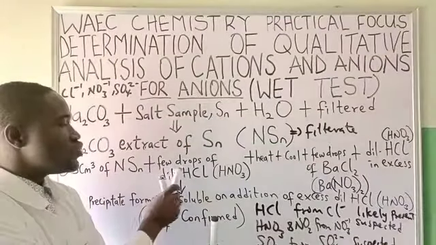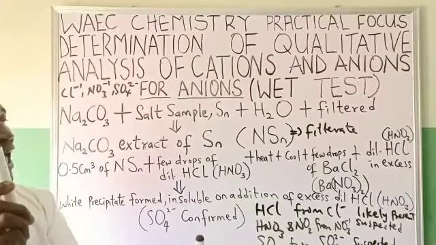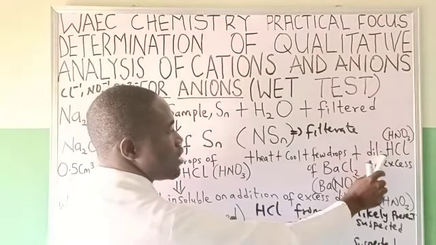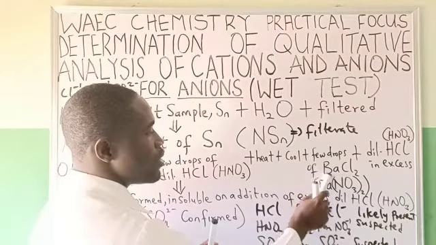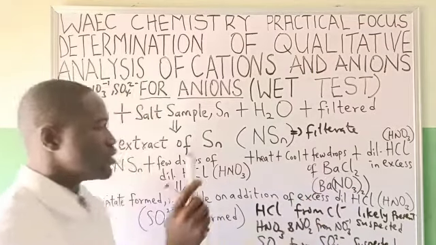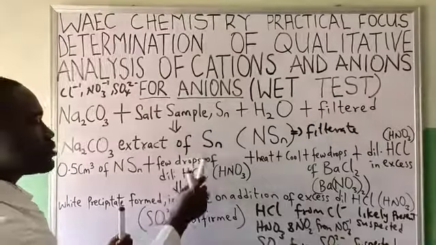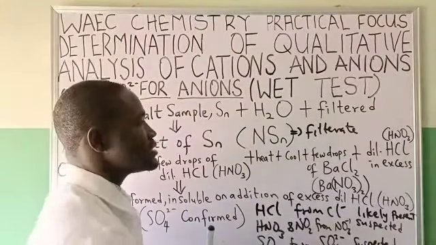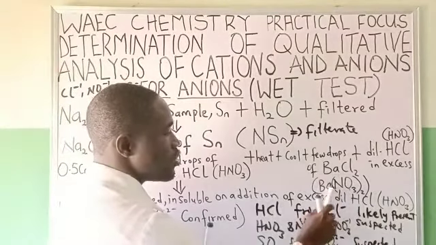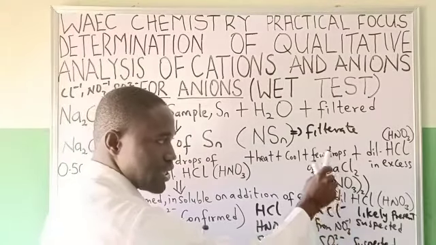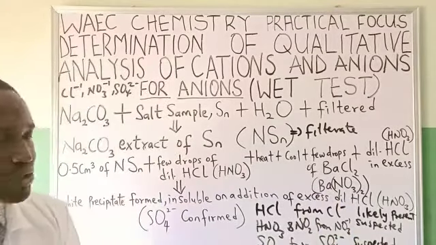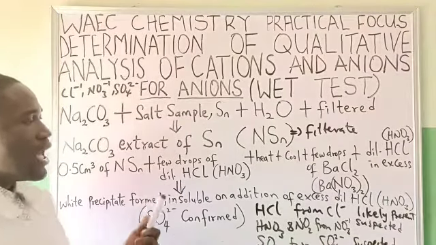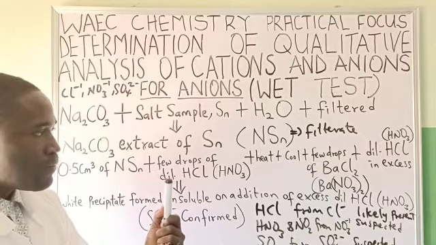If I put few drops of dilute HCl, that means I will use barium chloride. But if I put few drops of nitric acid, it means that I will be using barium nitrate in this part. Please note it. So if I put few drops of this, I will heat it small.